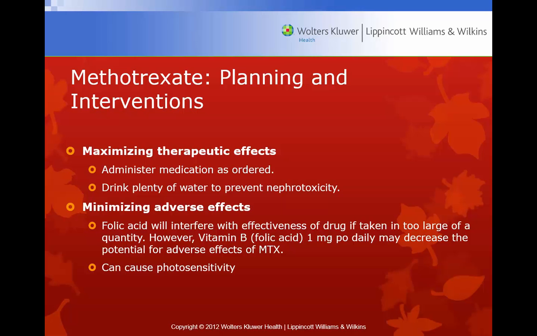In order to minimize adverse effects, folic acid will interfere with the effectiveness of the drug if taken in too large of a quantity. However, vitamin B, which is folic acid, 1 milligram PO daily may decrease the potential for adverse effects of methotrexate. And I will direct you to the paragraph there about minimizing adverse effects on page 468 that goes into that.